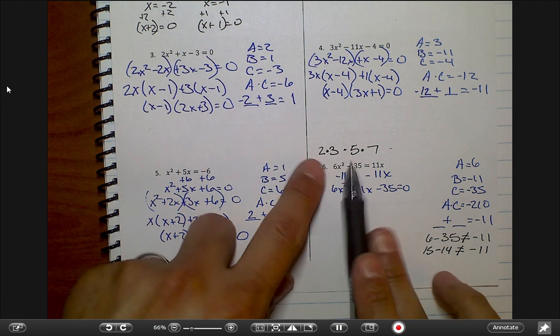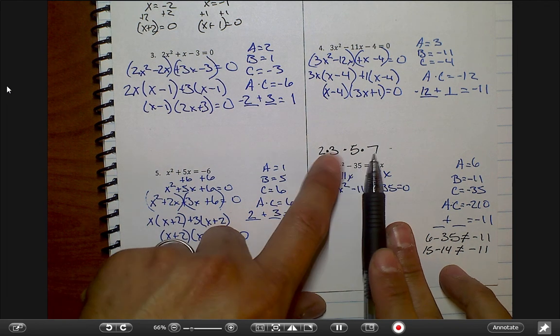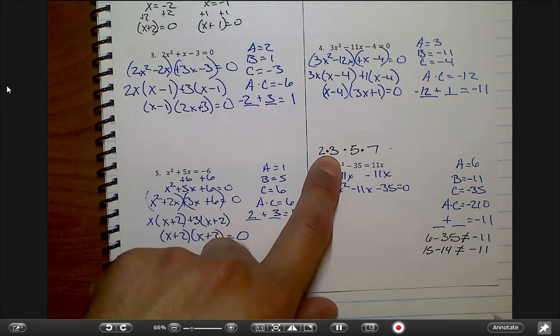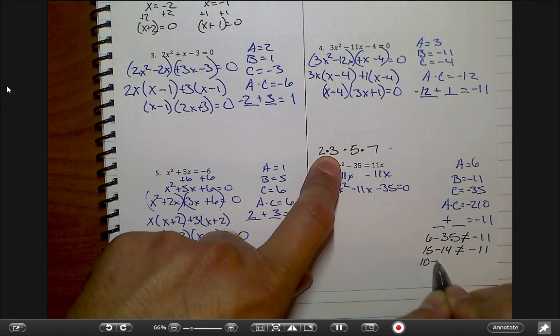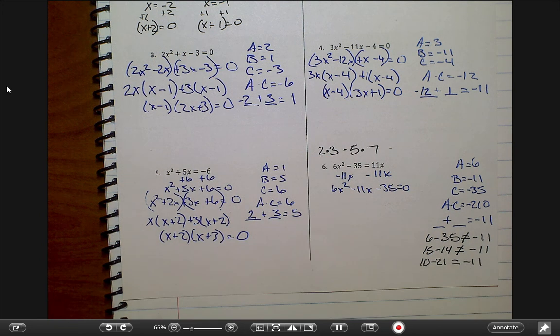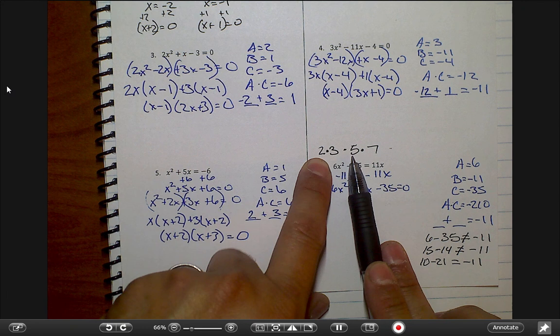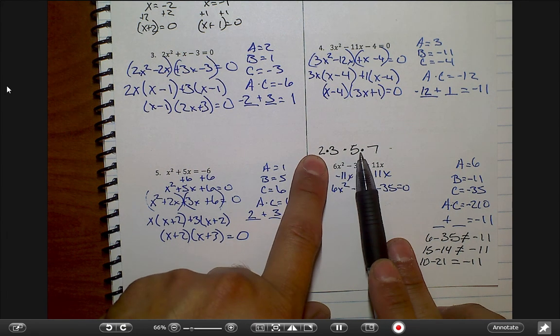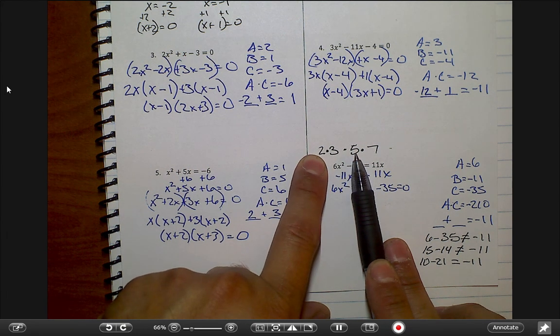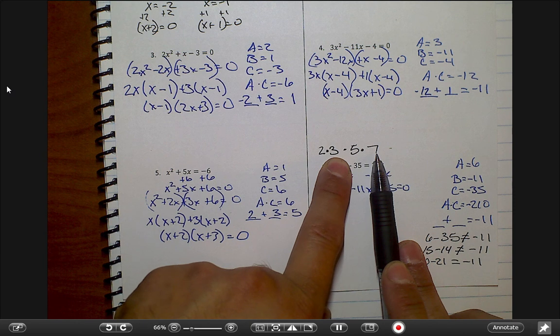Okay, how about 10 and 21? Yes. 10 minus 21, right? Where'd you get the 10 from? 2 and 5. 2 times 5, that's where I got the 10, and I got the 21 from 3 times 7.